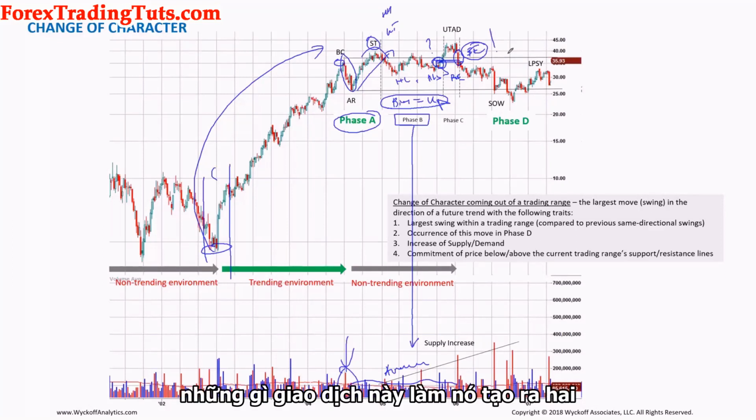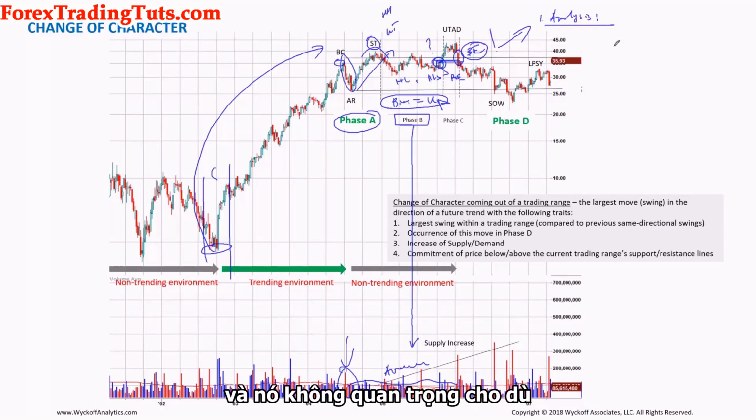The failure of this trade creates two levels of understanding. The first one is going to be that the analysis is actually incorrect. And it doesn't matter whether the analysis is incorrect because it didn't really show us what it's going to be in the trading range itself.